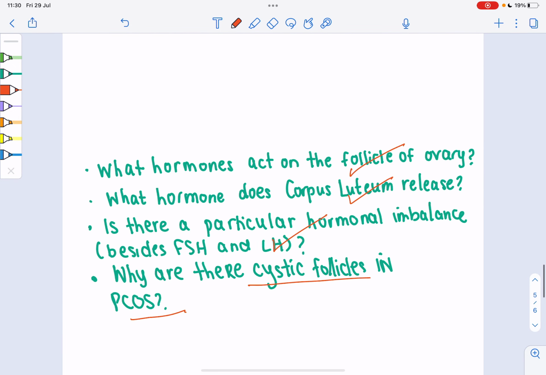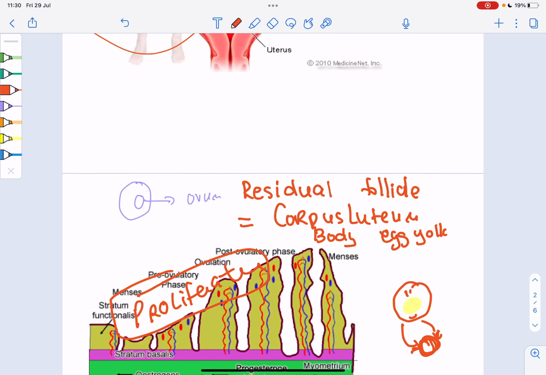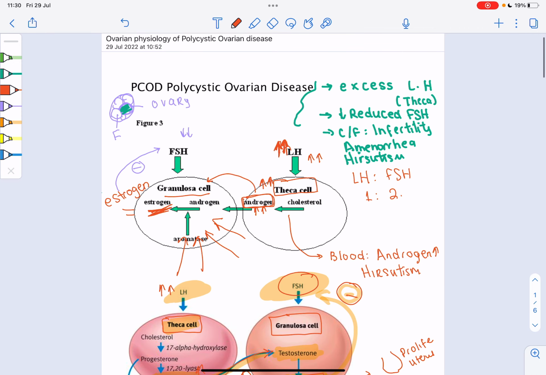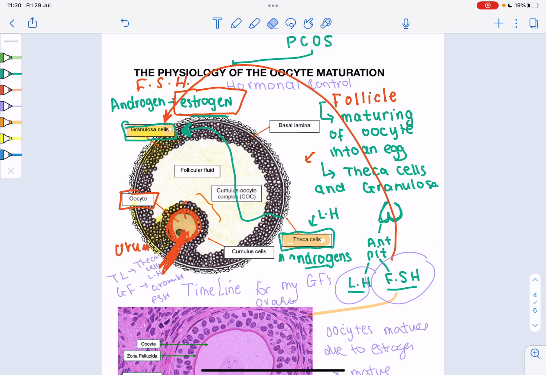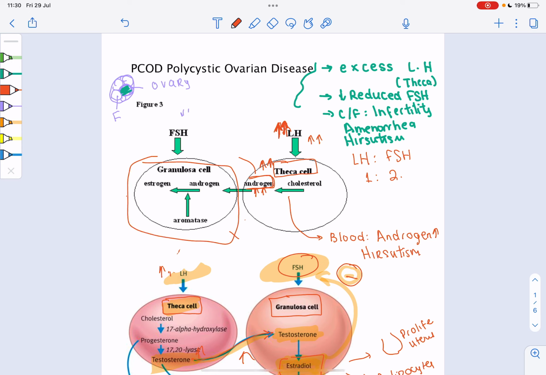Why are there cystic follicles in PCOS? There's one important thing that I didn't mention. Why are there cystic follicles? Because when you don't have FSH, you're going to have a lot less impact on the granulosa cells. Lack of FSH is going to lead to these granulosa cells degenerating, because obviously use it or lose it, right?